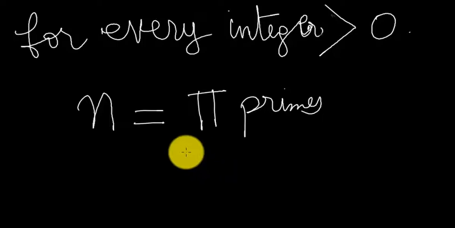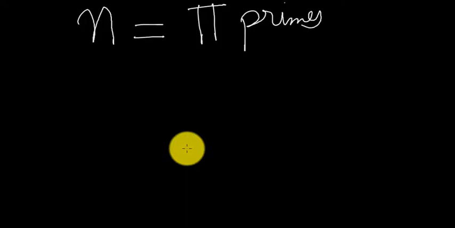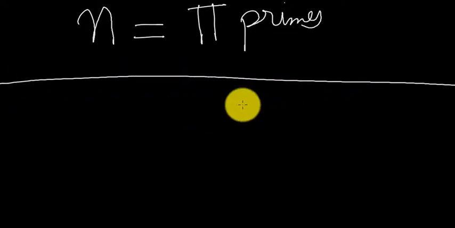So let's start now the proof. Well, the proof is based on a contradiction. So we're going to assume the negation of the theorem. The theorem that we're going to prove is that there are infinitely many primes, and we'll assume that there is a finite number of primes.